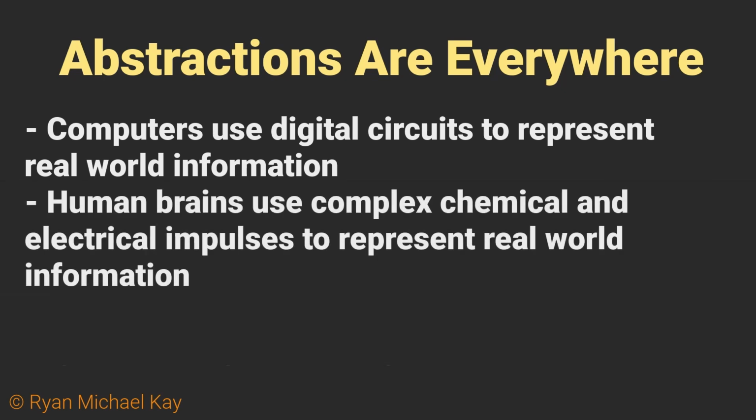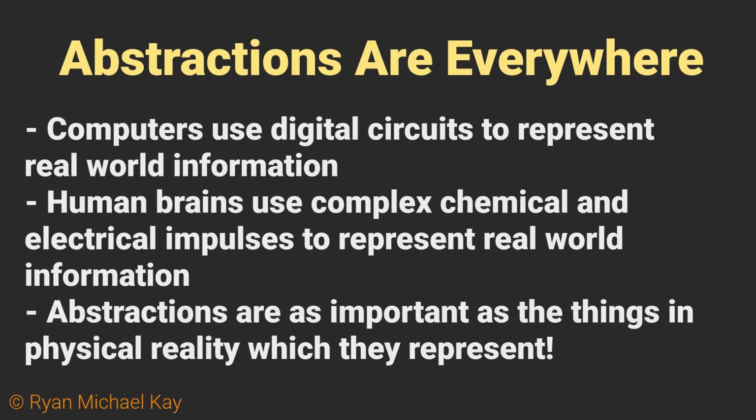The human brain uses electrical impulses and chemicals to represent more detailed abstractions such as sounds, images, emotions, etc. In summary, the ability to model or represent different aspects of reality, keeping enough details to still be useful, is arguably as important as the physical reality which these abstractions are based upon. As you'll see in subsequent lessons, they are just as important for designing good programs.